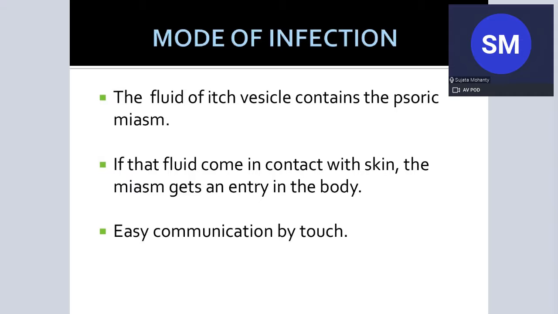So it is that easy to communicate by touch. That's why we all by default have the psoric miasm inside us, because it is so easily communicated by touch, and each vesicle's fluid contains the psoric miasm. As soon as it comes in contact with the skin, the miasm gets an entry into the body.